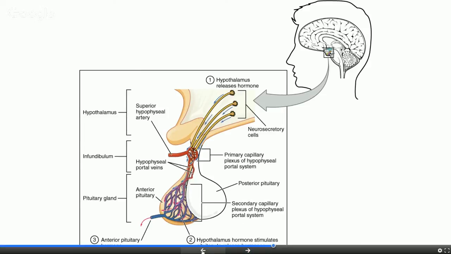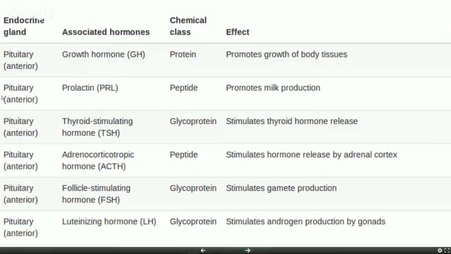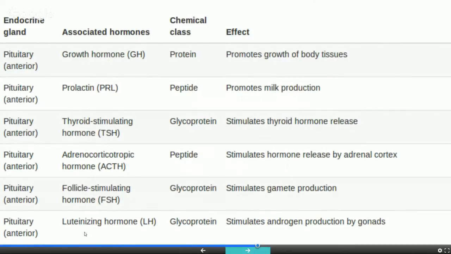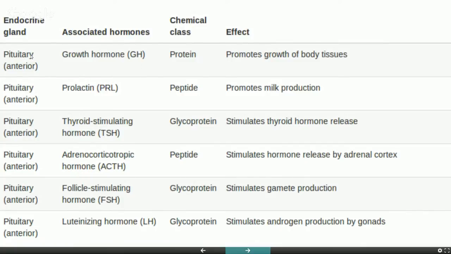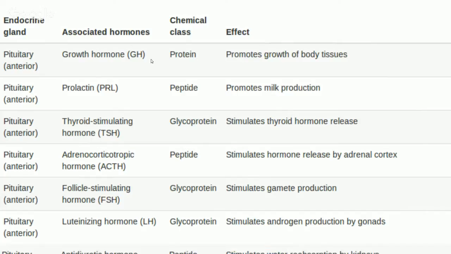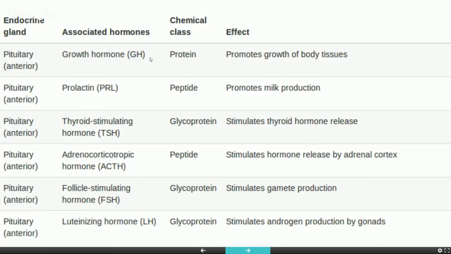Now, I went past this real quick. This is a table showing the different anterior pituitary hormones. I'm going to talk a little bit about growth hormone, which thankfully they're not calling human growth hormone here. It is just growth hormone, abbreviated GH. I'll tend to refer to it as growth hormone because it doesn't save you any time saying GH as opposed to growth hormone.